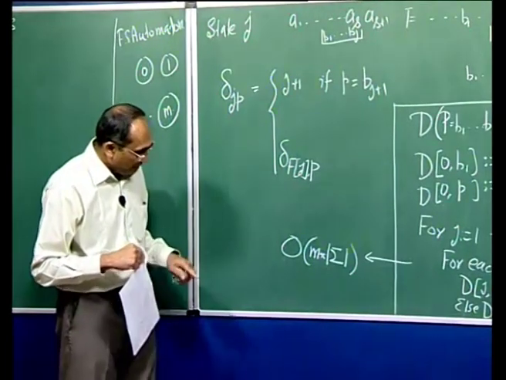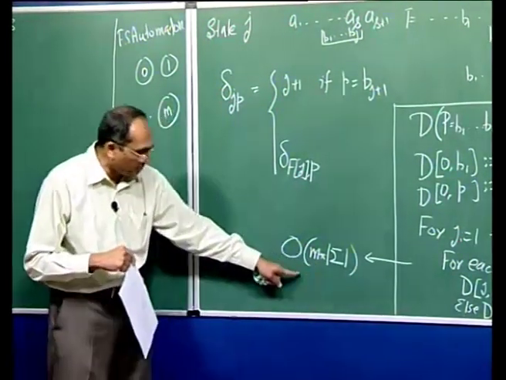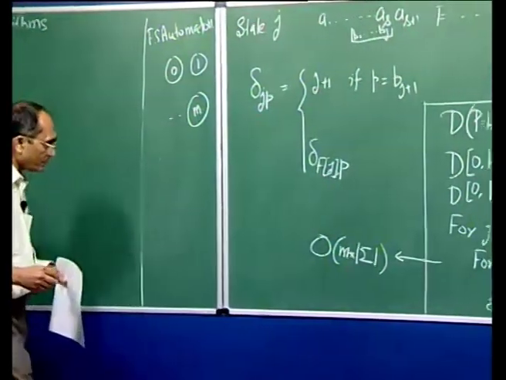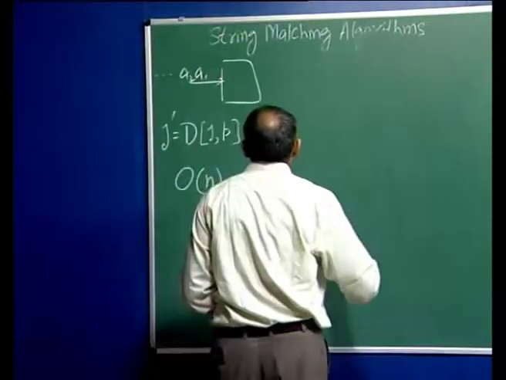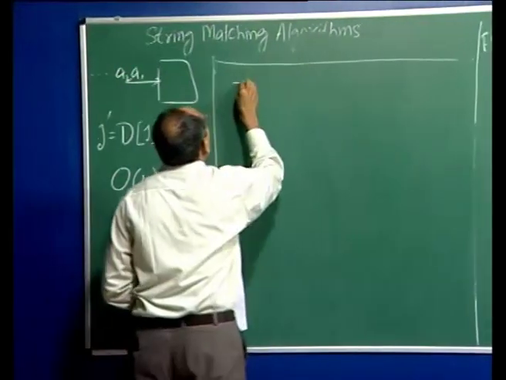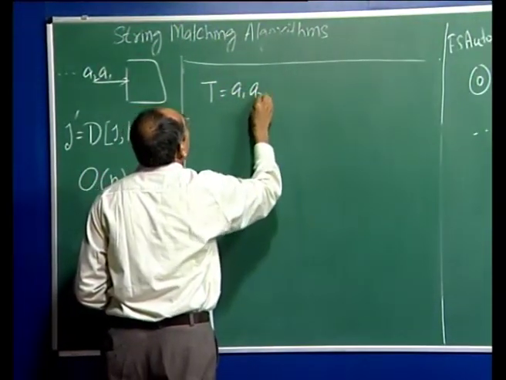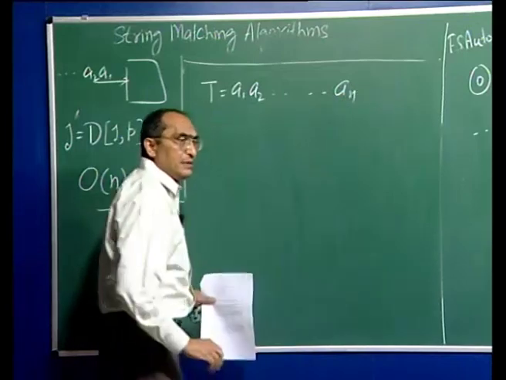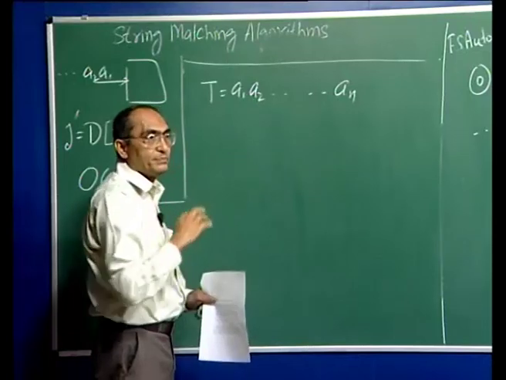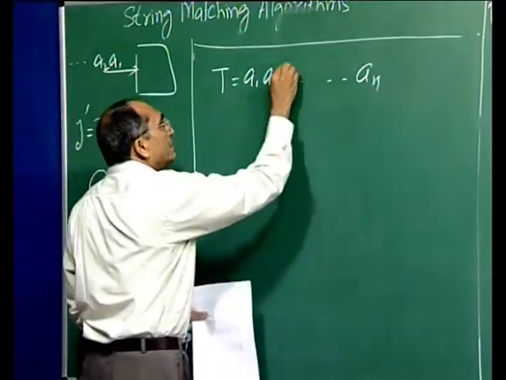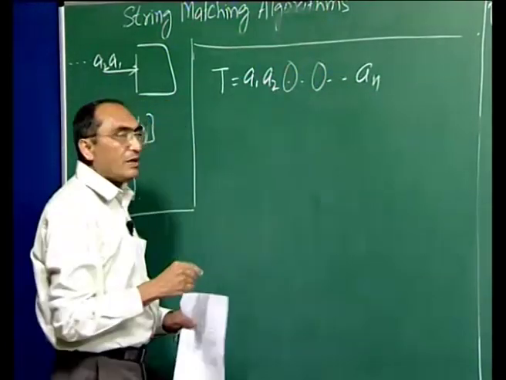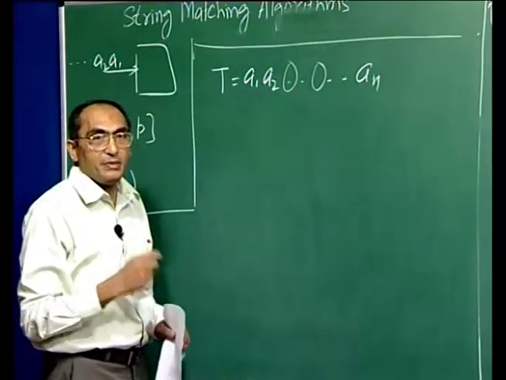But if you insist that this should be reduced, then there is one trick you can exploit. The trick would be that in the text string, every symbol that does not belong to the symbol set of p, so this symbol is not in p, this symbol is not in p, and so on, does not really play any role in the matching.